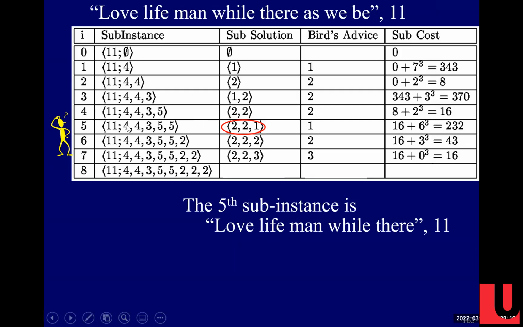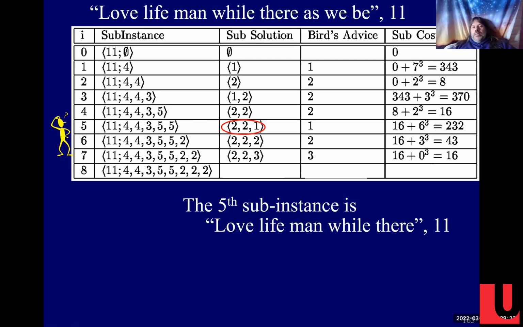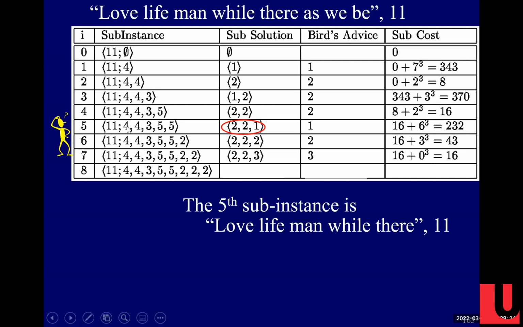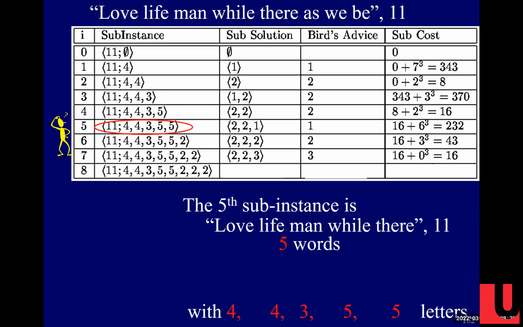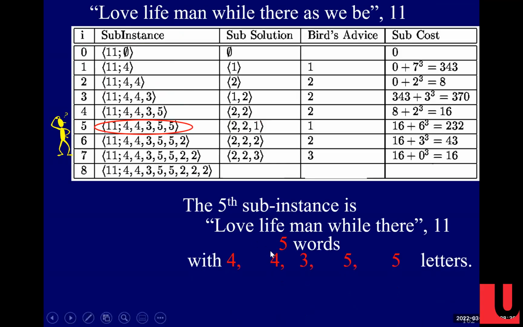Yeah, we have 5 words, and we know for each word how many letters there are: 4, 4, 3, 5, 5 is the number of letters in each word. You can see that's all we care about when we solve our problem, because all the letters are assumed to have the same width.